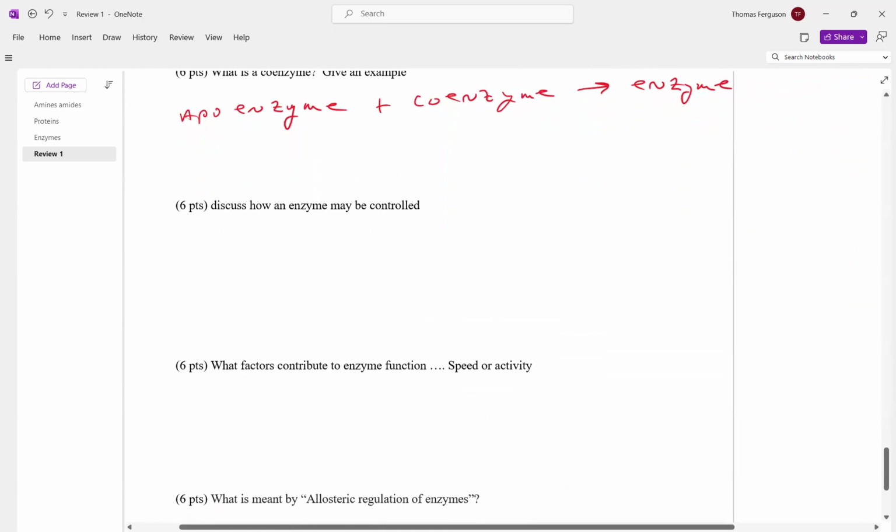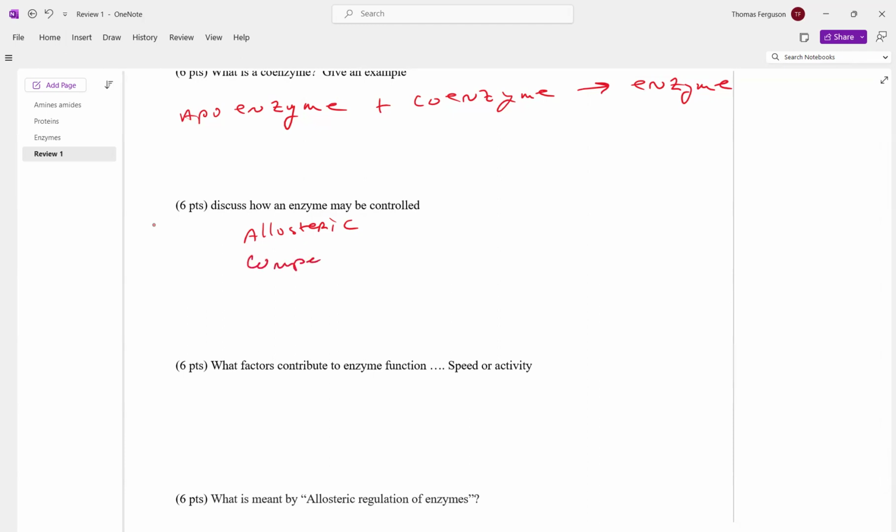Okay, how can we control an enzyme? You just go through what we just talked about. There's allosteric regulation. There's competitive inhibition.